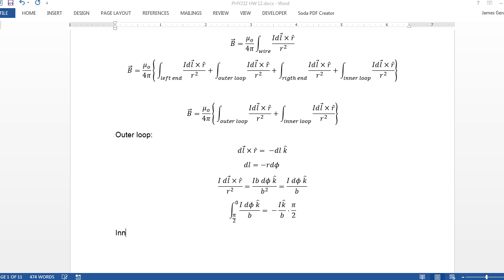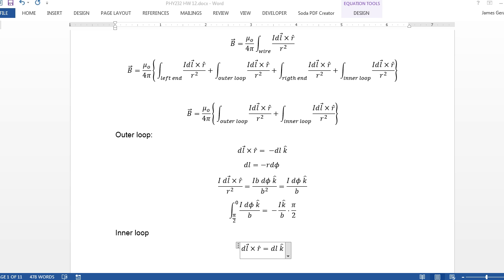Now the inner loop. On the inner loop, DL cross R hat is plus DL K hat.